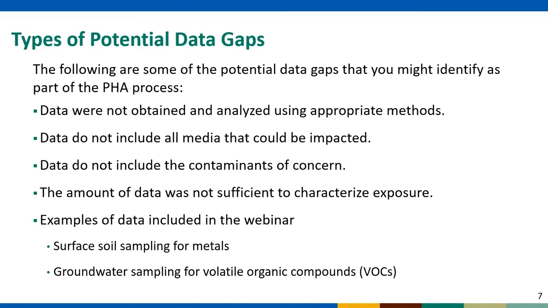Any decisions about possible health effects using monitoring data instead of private well data will have some degree of uncertainty that should be discussed in the public health assessment documents.